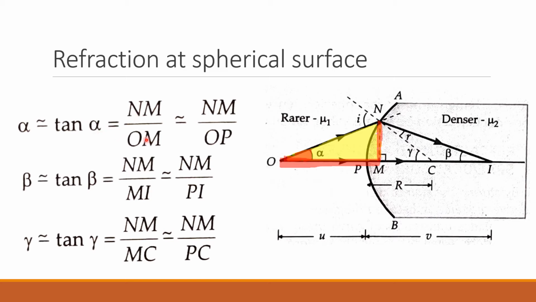So tan alpha equals NM by OM. Now we will consider your alpha to be very small. If alpha is very small, then I can write alpha is approximately equal to tan alpha, which in turn equals NM by OM. NM is the opposite side, OM is the adjacent side.